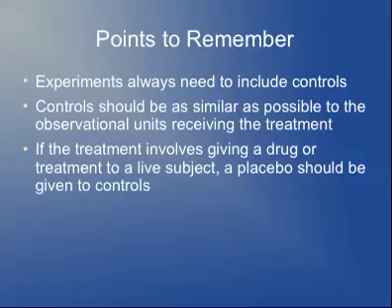So, the main things to remember for today: when you conduct an experiment, you virtually always need some type of control group to compare it to, and you want the controls to be as similar as possible to the treatment group. I say as similar as possible, particularly in observational studies, because it may not be possible to directly compare a treatment group and a control group that are identical in all ways other than the treatment.